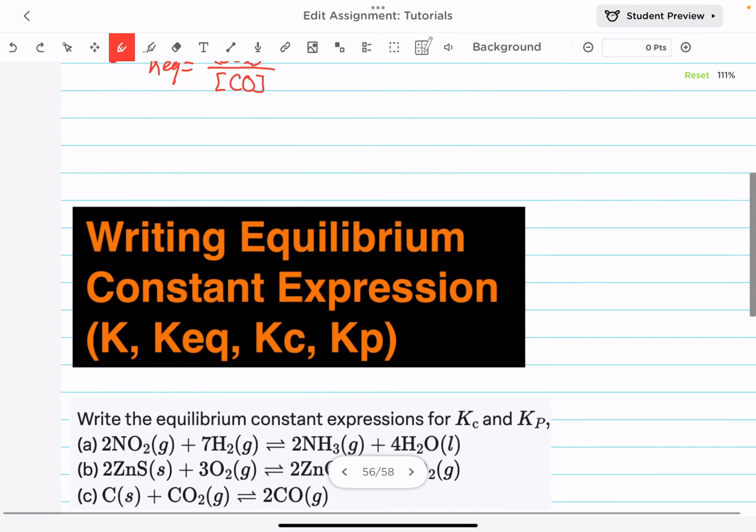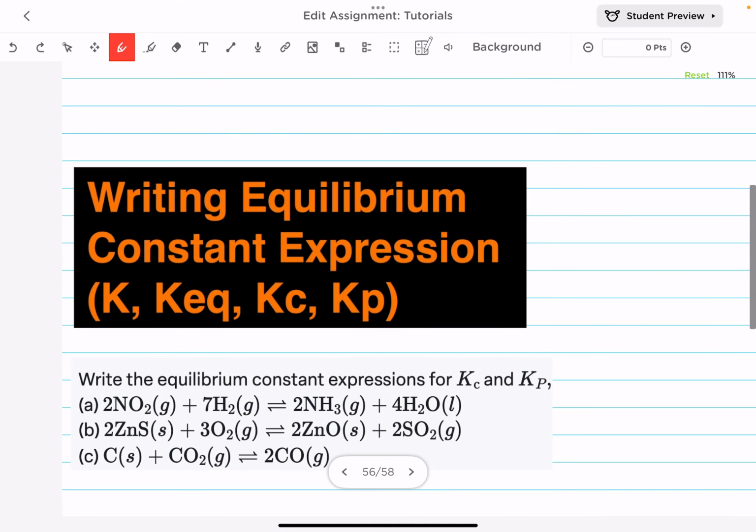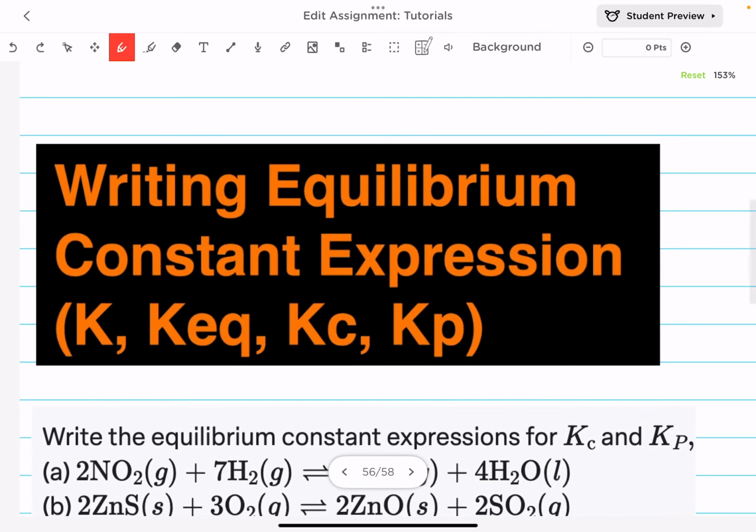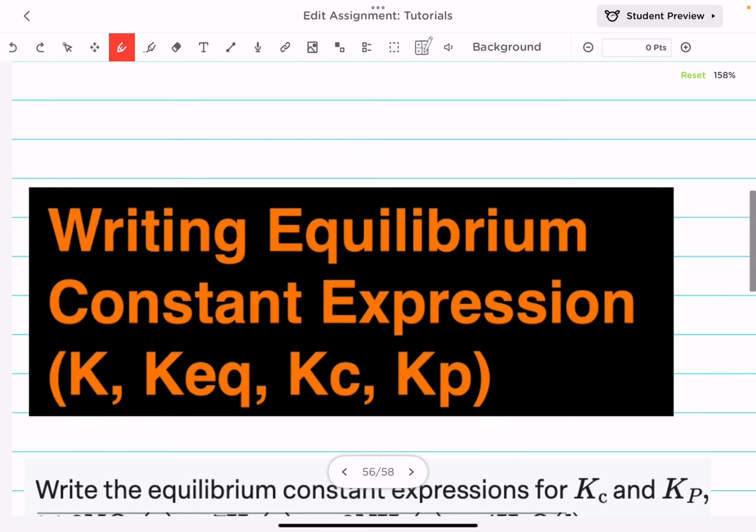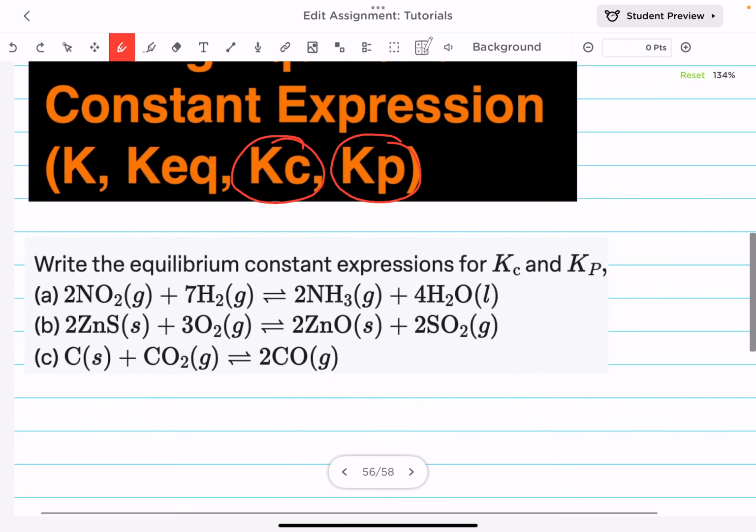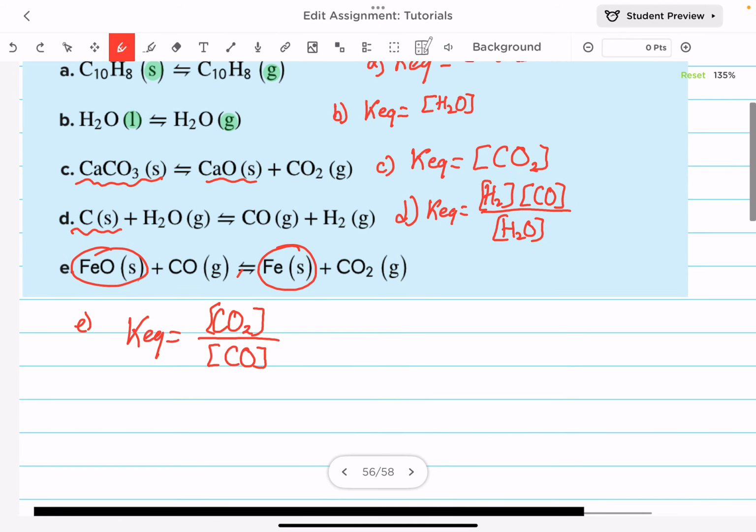Now, moving on. In the K expression, sometimes you might read in the question Kc or Kp. Both of them are K equilibrium. If I want to be more specific, I can write Kc, and C stands for concentrations, what we were writing over here.